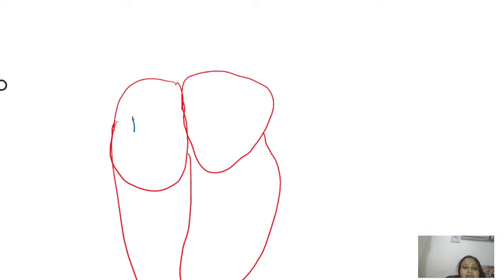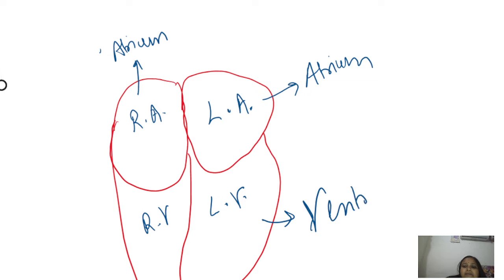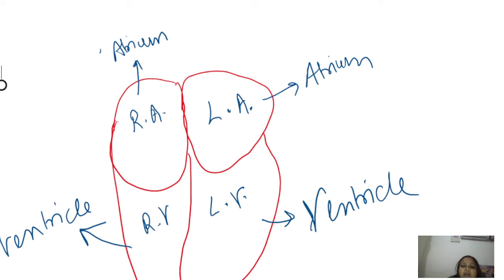This is the right atrium, this is the right ventricle, this is the left atrium, and this is the left ventricle. Right? So this is the right atrium, left atrium, left ventricle, right ventricle.